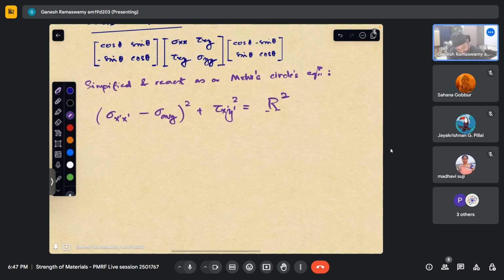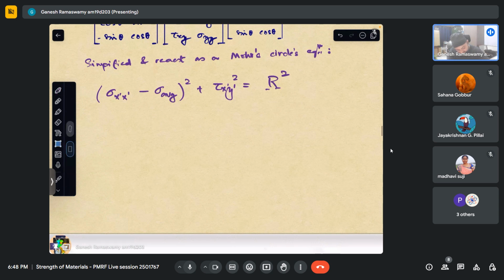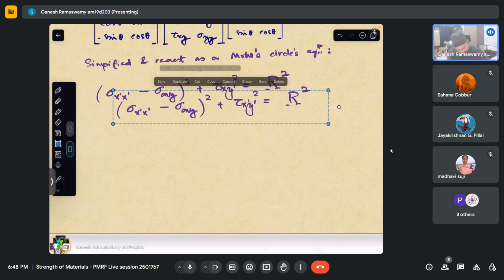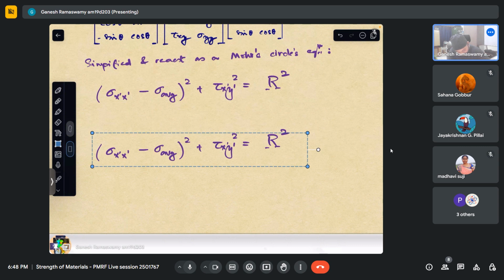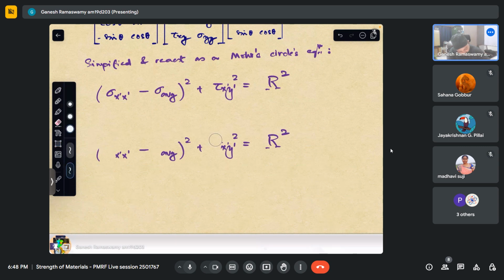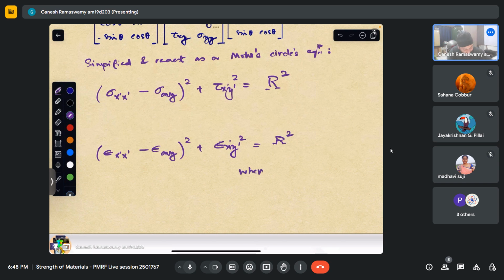Here, when we want to draw a Mohr circle for strain, this will be epsilon x prime minus epsilon average, whole squared, plus epsilon x prime y prime squared equal to r squared, where epsilon x prime y prime is gamma x prime y prime by 2.